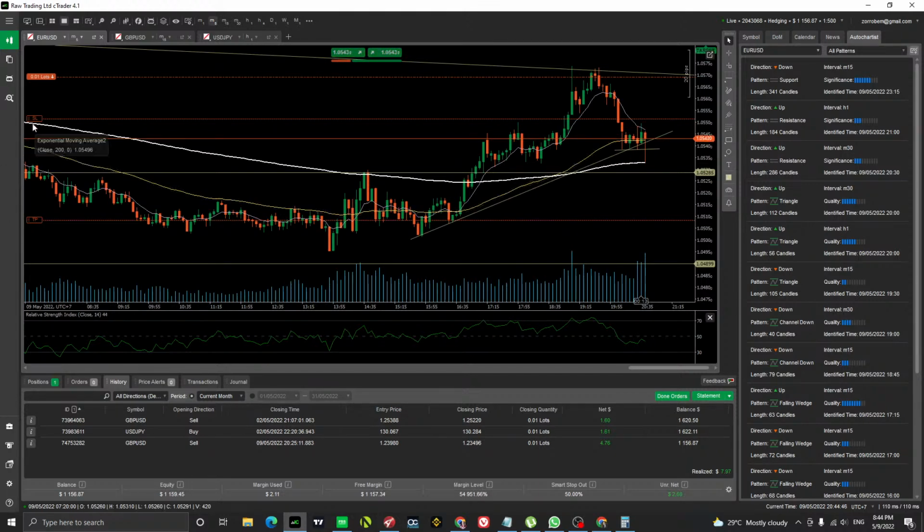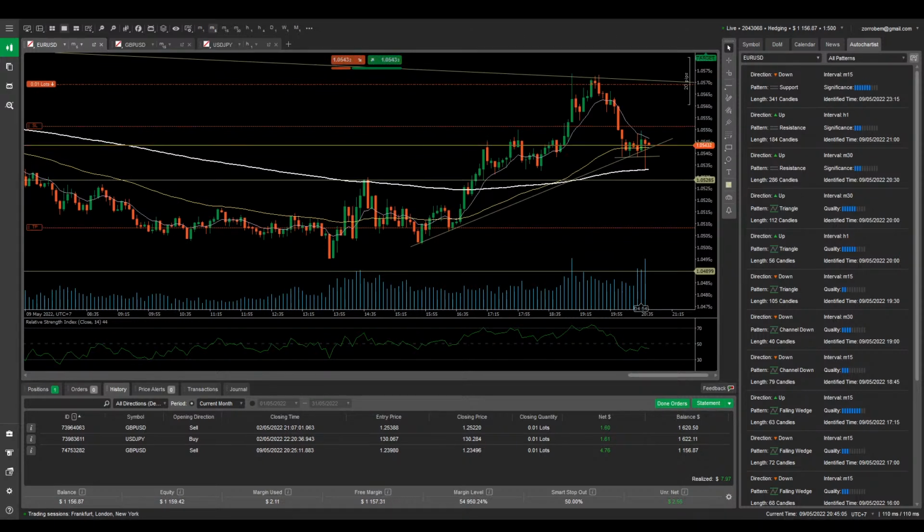So it might take out my stop loss at this area. So let's see how it works.